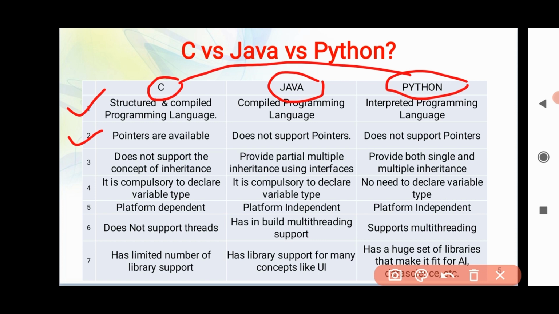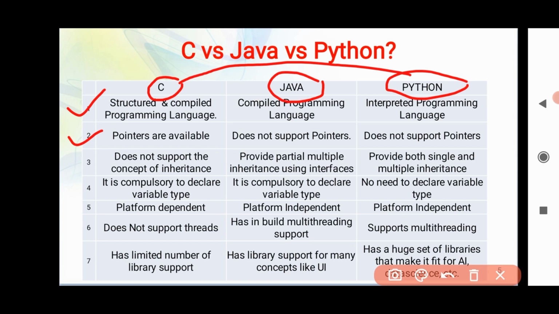Like you have the first generation, like your grandparents, then a second generation, that is your parents, then a third generation, that is you. Alright, so this kind of thing can also be used in programming. So this concept was not there in C programming, but coming to Java and Python, it is there.